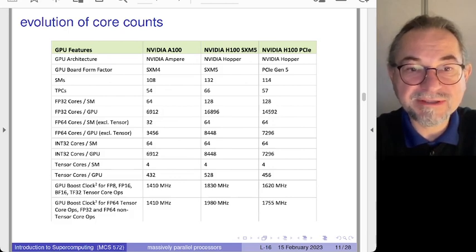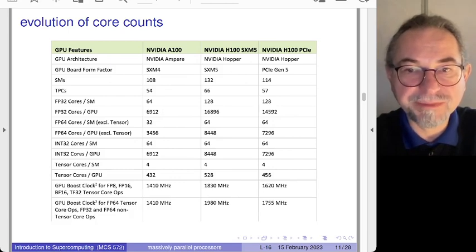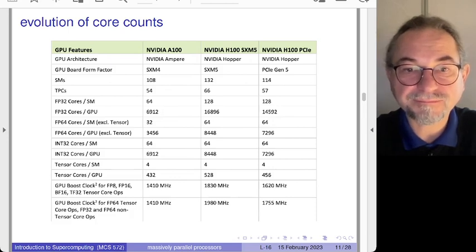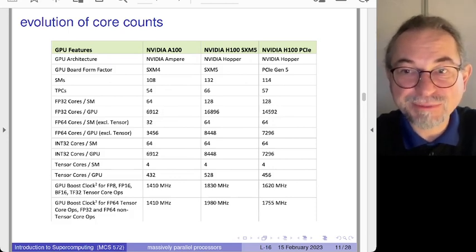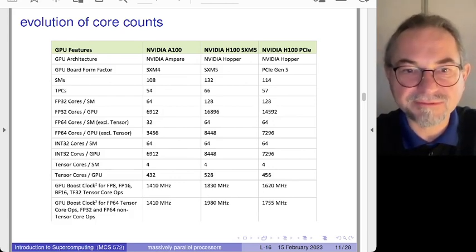You can see that I'm interested essentially in the 64-bit floating point computation, so the FP64. Going from Ampere to Hopper, it actually doubled. Again, this means that if your application is not really parallel, then this will not mean much.